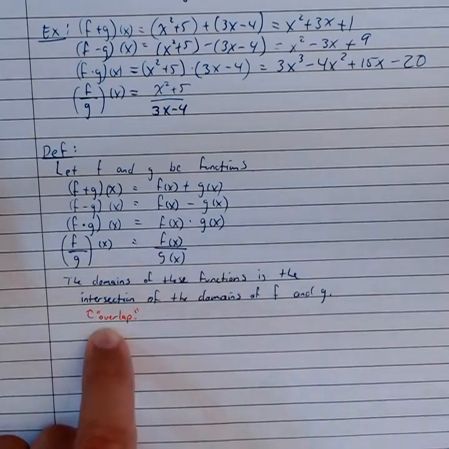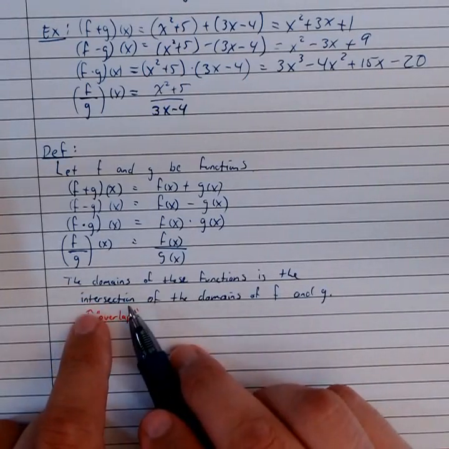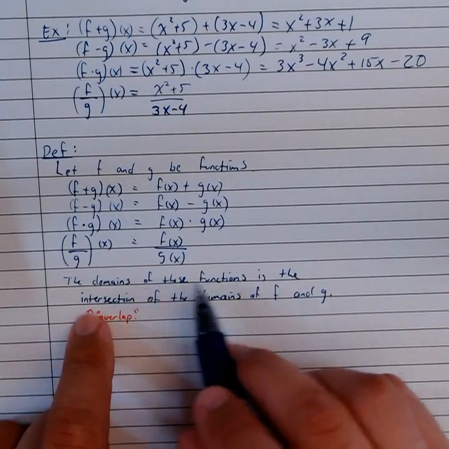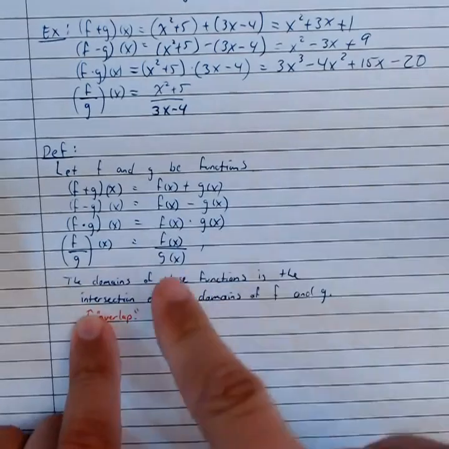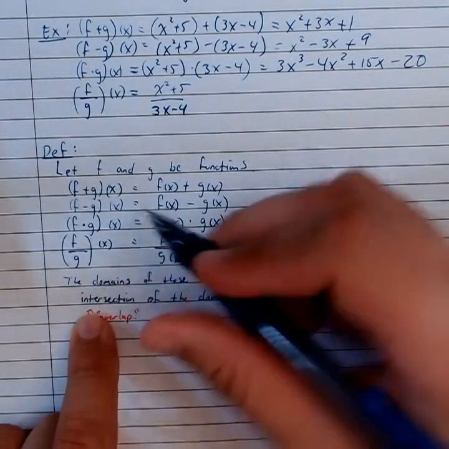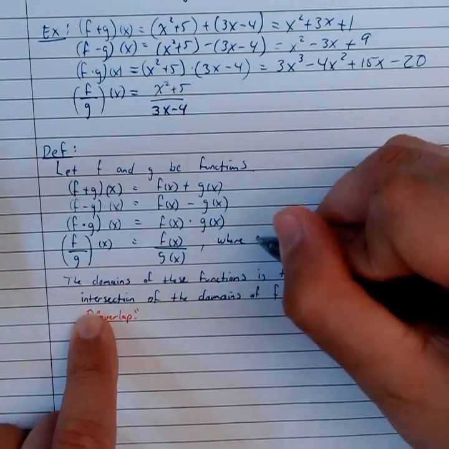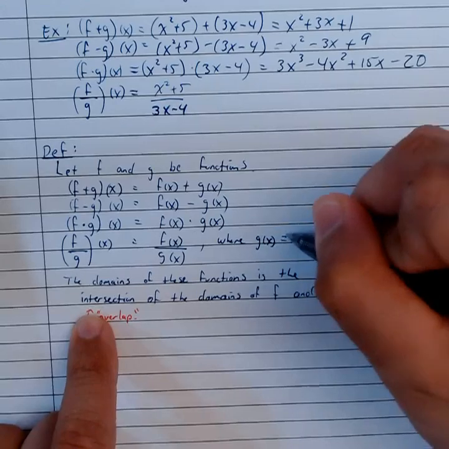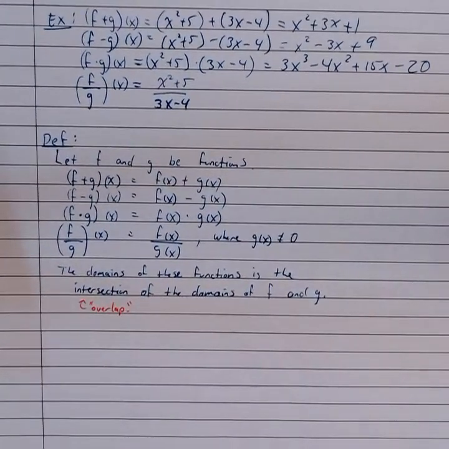And with a fraction, you can't have a denominator equal to 0. So here the domain of these functions is the overlap of the domains of f and g. And one last thing, for this fourth function, f over g, we also have the condition that g of x should not equal 0. Because again, dividing by 0 is undefined.